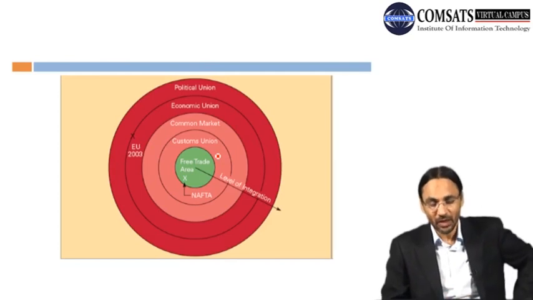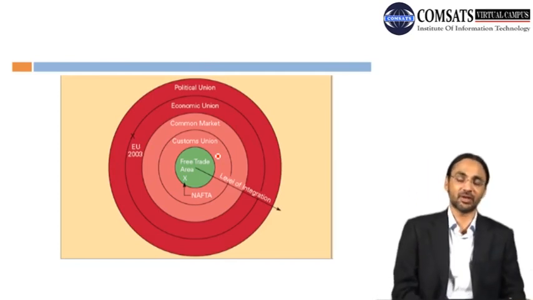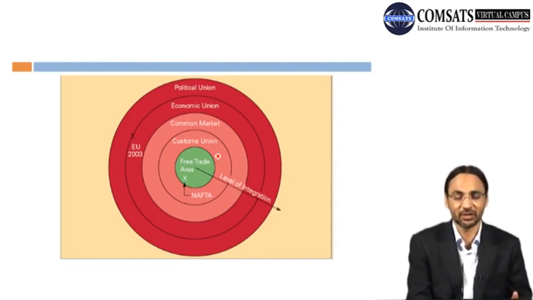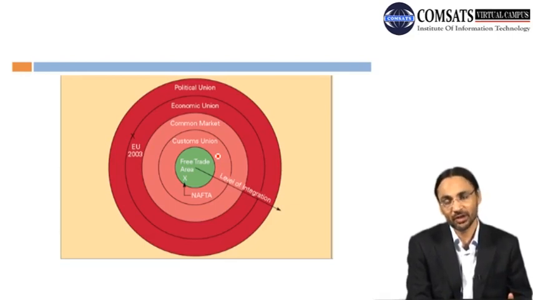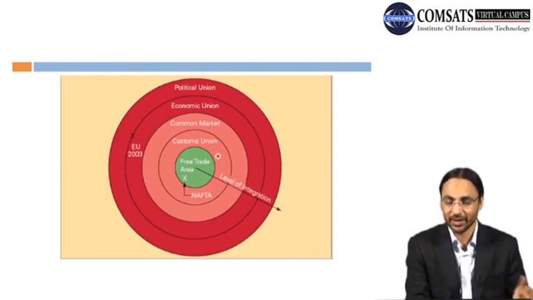Okay, this is the graphical representation of these different levels of economic integration. The first one, the green circle, is the free trade area, the first level. The next level would be the customs union. The third one is the common market. The fourth one is economic union. The last one is political union.